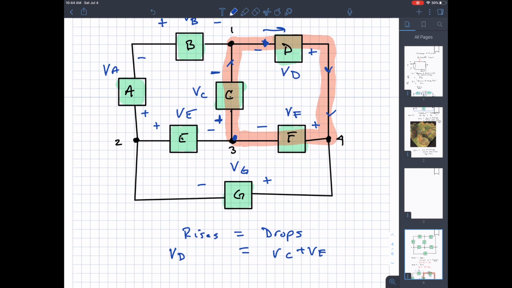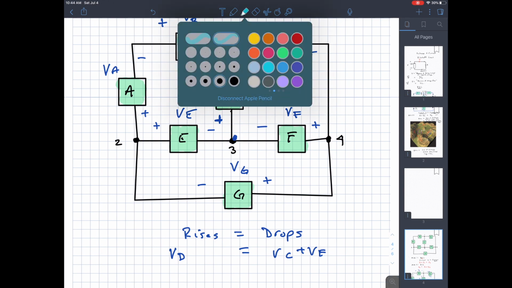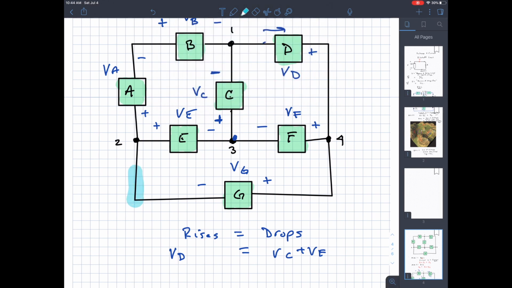Let's erase this loop and do a different one. Let's make a crazy loop. Starting at here, we could go this way. And that's a valid loop within this circuit.